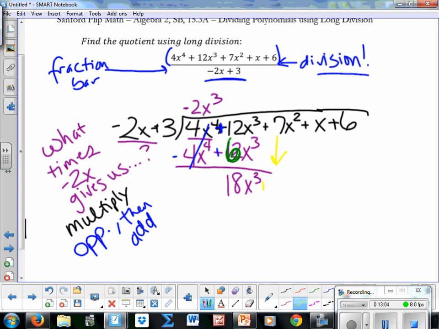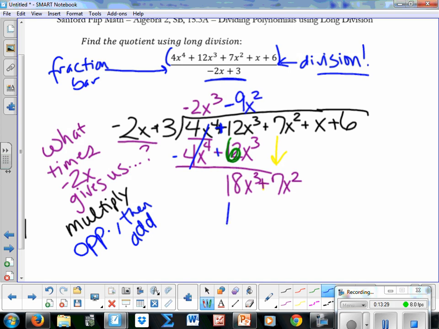We're bringing down this plus 7x squared, and we're taking, again, what times negative 2x gives us 18x cubed. Well, in this case, it's got to be a negative again, negative 9x squared.